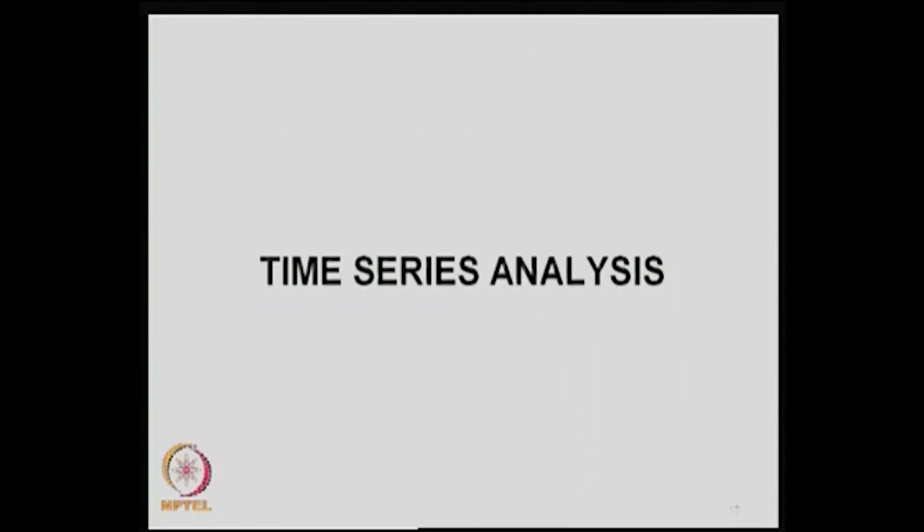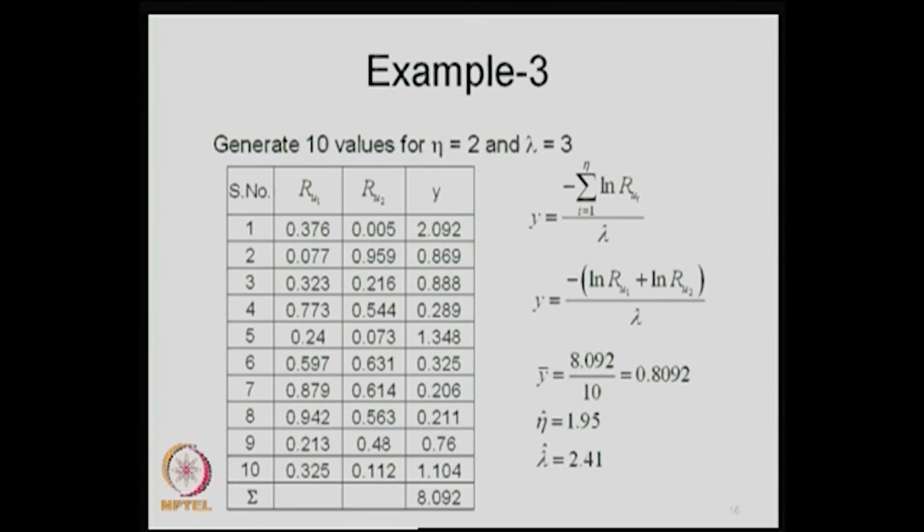All right. So, what we did in data generation is that we specified the distribution. When we specify the distribution, we also specify the parameters of the distribution. We say normal distribution with a particular set of parameters mu and sigma square, and then generated values belonging to that particular distribution.